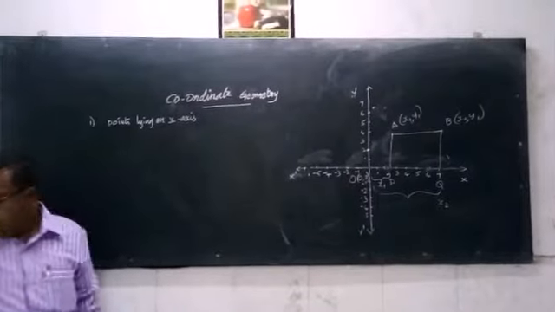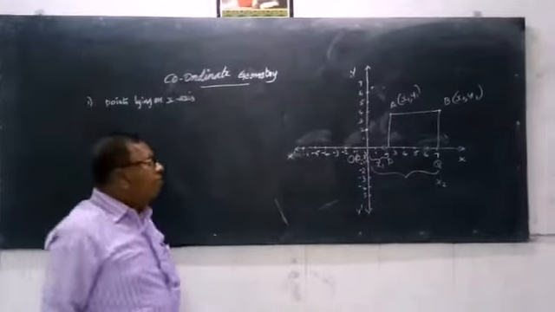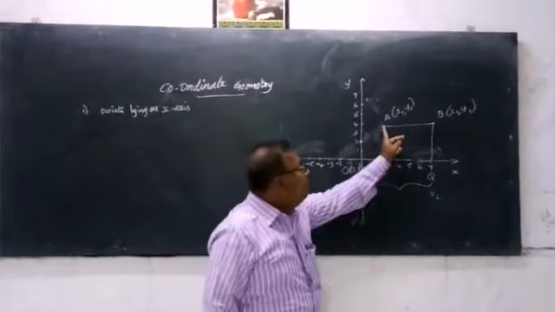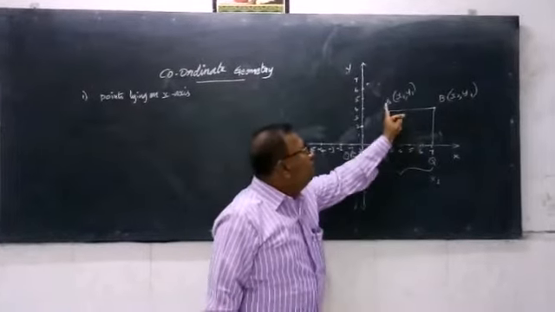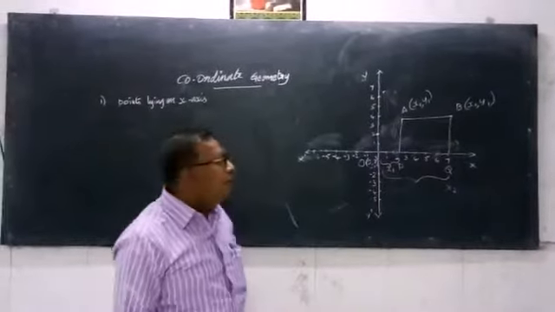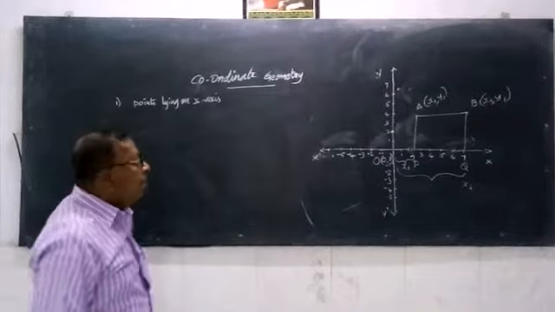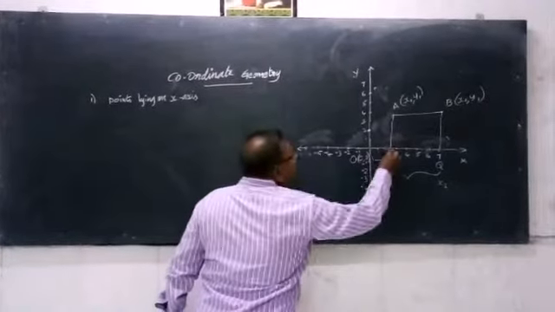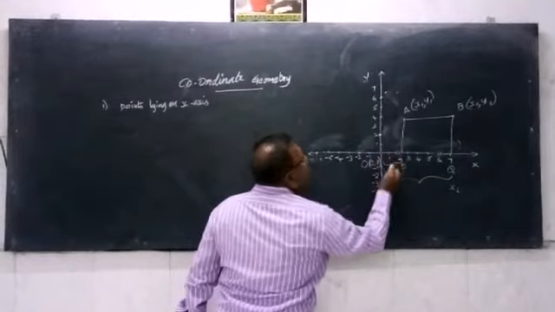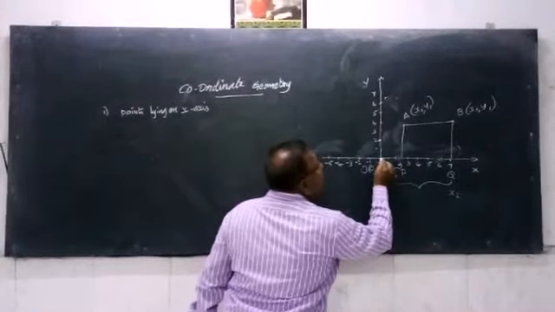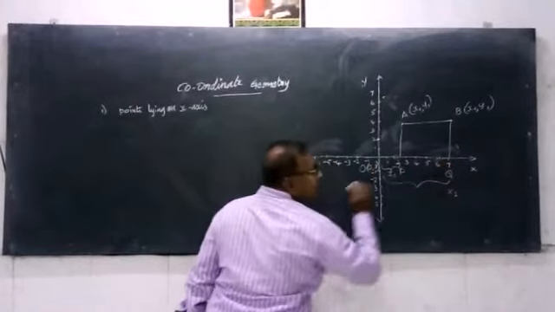Right. And now observe this case where these two are the points on the line AB. Now how to find the distance between the points A and B. This is a perpendicular, and the distance between O and P is x1 and the distance between O and Q is x2.